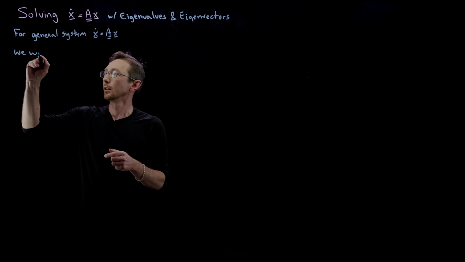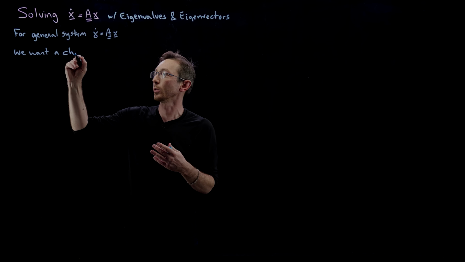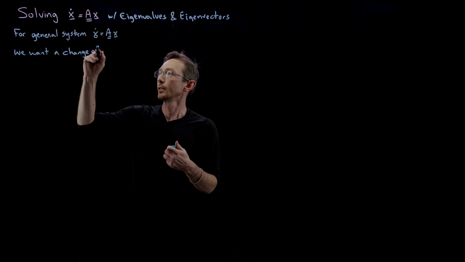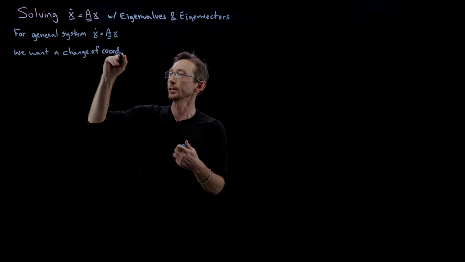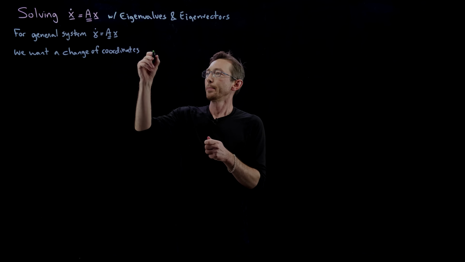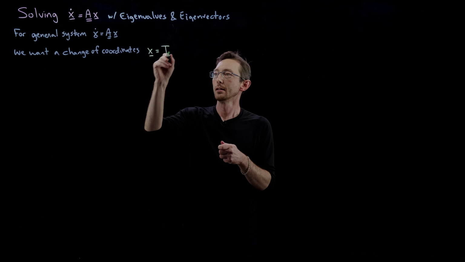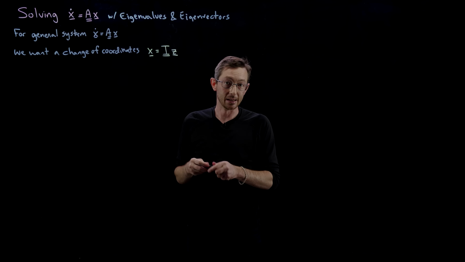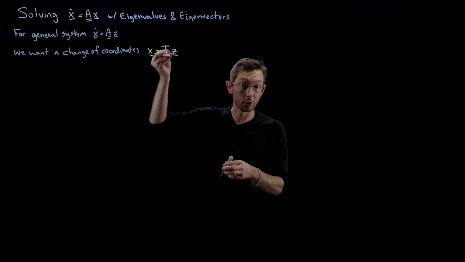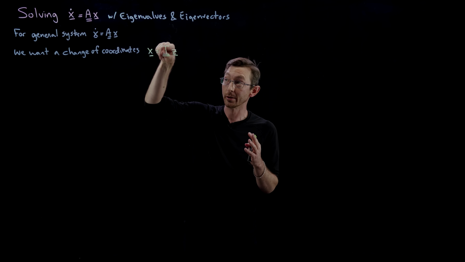What we're going to try to do, we want a change of coordinates. We want a new coordinate system, or a change of coordinates. I'm going to write this as x equals T times z. So T is going to be a matrix, an invertible matrix, a matrix that has non-zero determinant, so you can compute its inverse.